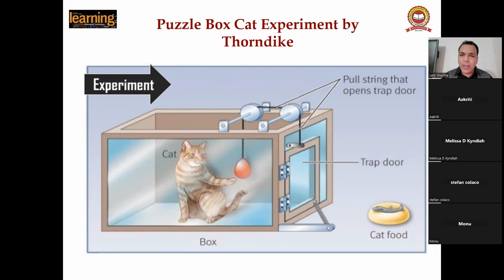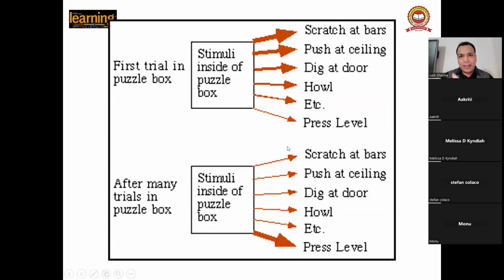Right? So what the cat has done, Thorndike has elaborated, as you can see. What the cat's stimuli were inside the puzzle box: when the fish was placed in front of the hungry cat, the cat wanted to come out of the cage, and she started scratching the bar, pushing her head to the seal, digging at the door, and so on.